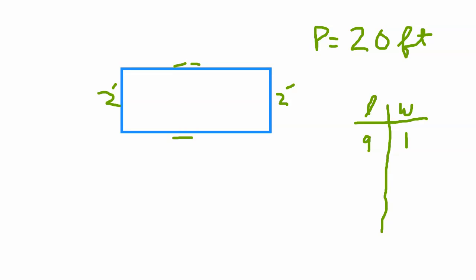So now what would the lengths be? Sorry, 20 minus 4 is 16. So you have 16 to use for both of those lengths.